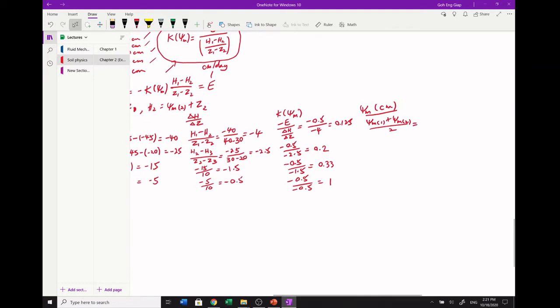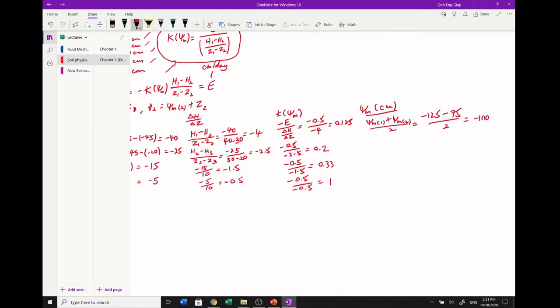So it's negative 125 minus negative 75 divided by 2. So what do you get? You add them together, you get negative 100.